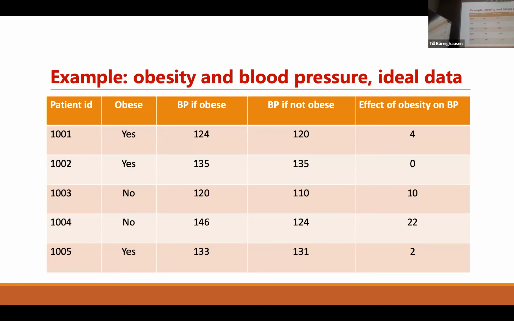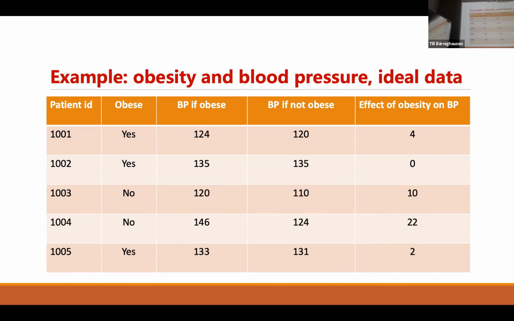This is the data that we are dealing with every day. We get our hands dirty with the data. But the difference is that this is ideal data. In the ideal data, we can get all the information about each individual.